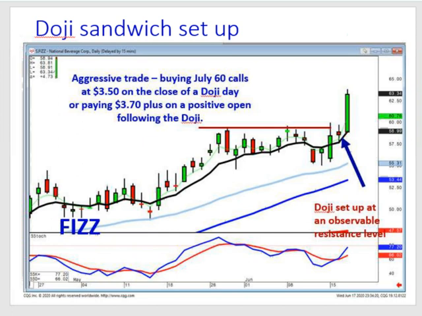You can do that too. That just is added confirmation. So if I didn't buy on this day and I'm going to wait until I see some positive trading tomorrow, yeah, maybe I'm paying up a little bit, but my probability of it moving in the right direction has greatly improved.